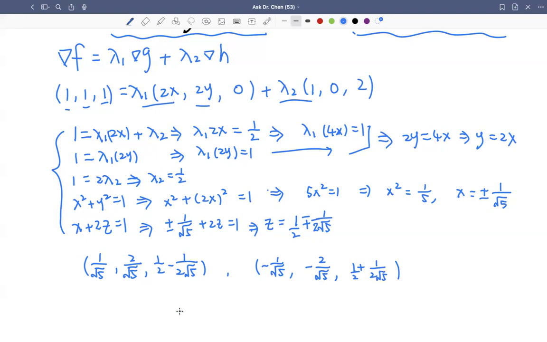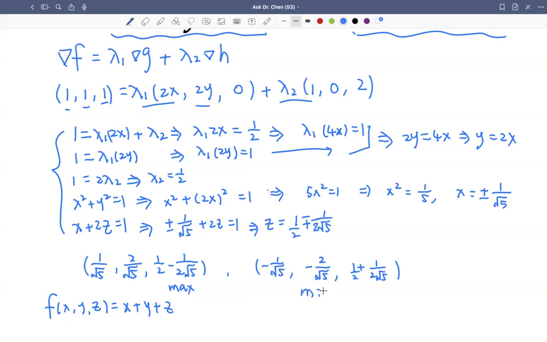So which one is the maximum and which one is the minimum? The function is defined as f of x, y, z, so we just add those 3 values. Obviously, the first one will be the maximum, because the f value at this x, y, z will be greater than the other one, which has the first two negative.